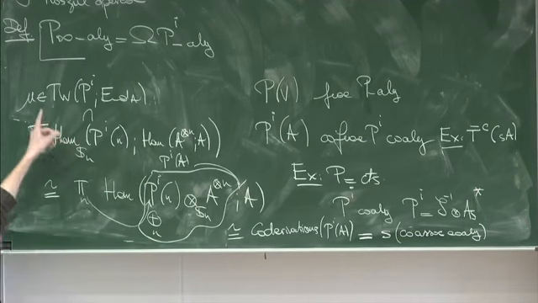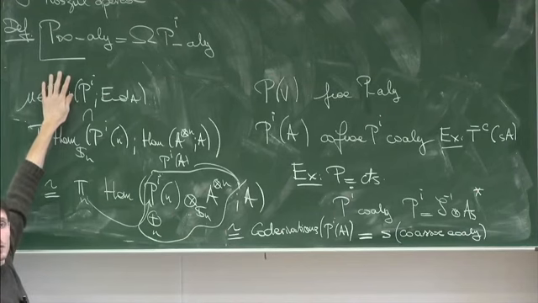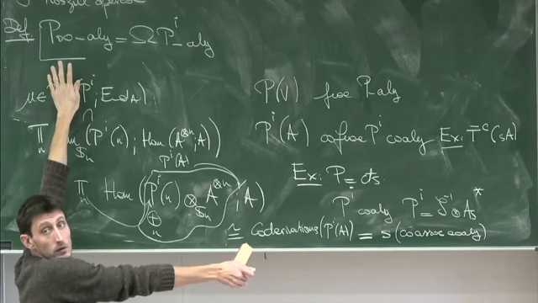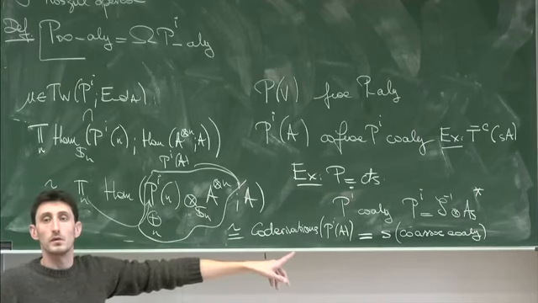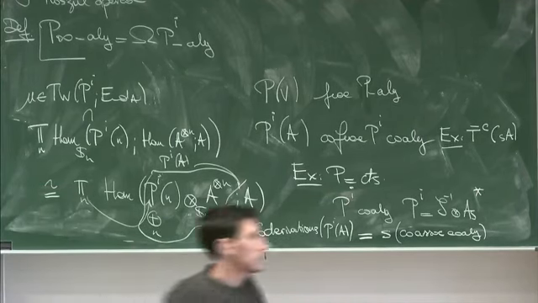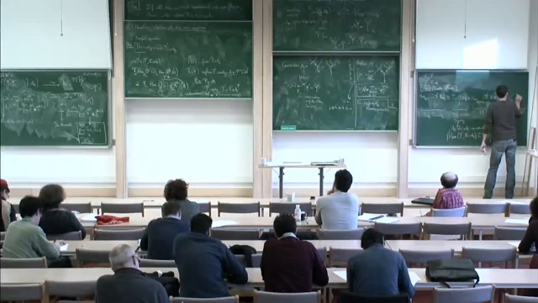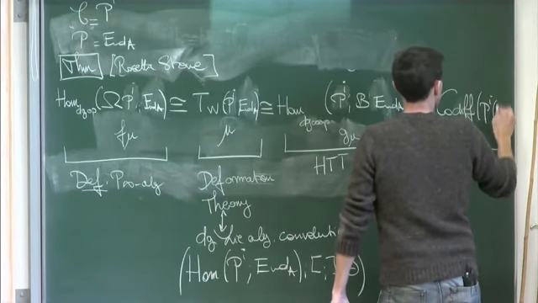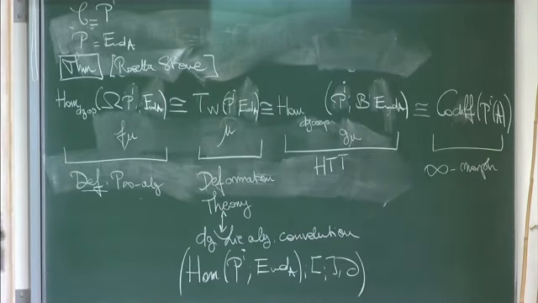I just wrote what a map from P anti-Schrick to End of A is, and I said it is equivalent to a co-derivation on the co-free coalgebra. What about the Maurer-Cartan equation? This map squares to 0. So what I have to put here is co-differentials, co-derivations which square to 0.